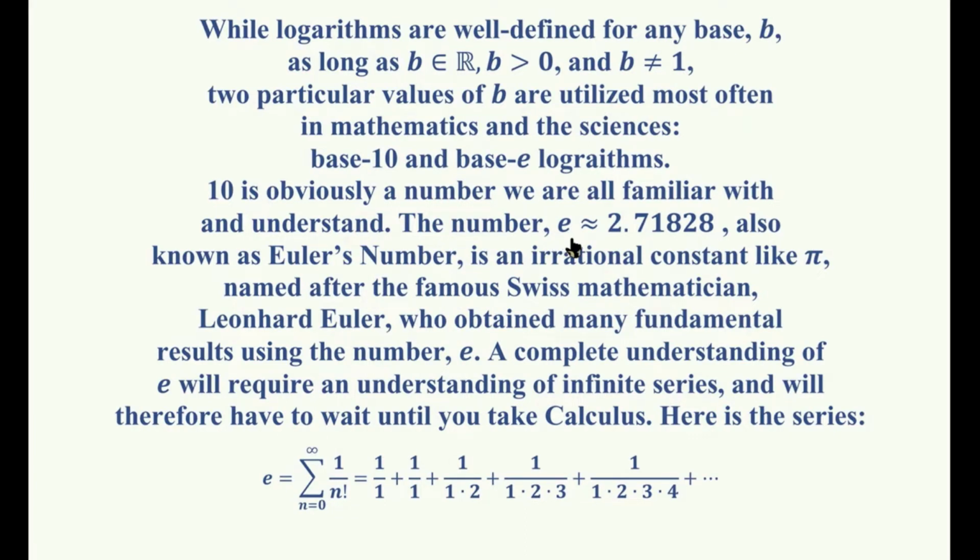And the actual source of E, where it comes from, is going to have to wait till we get to calculus, because it requires the understanding of an infinite series that is depicted down here. E is named after the famous Swiss mathematician Leonhard Euler, who obtained many extremely important results using the number E.